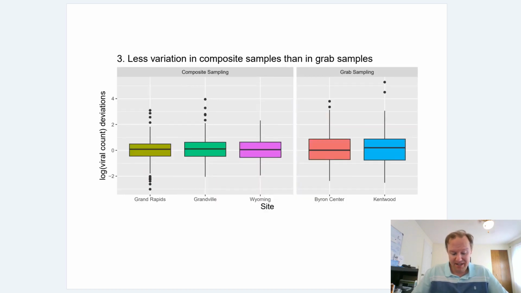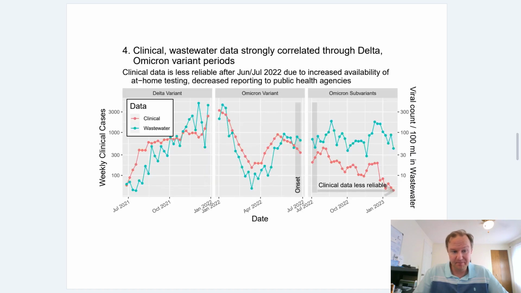And these larger deviations can also be seen by the larger spread of the box plots for the Byron Center and Kentwood sites on this plot.